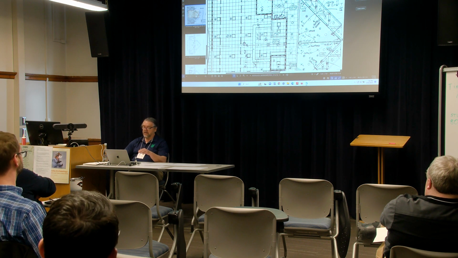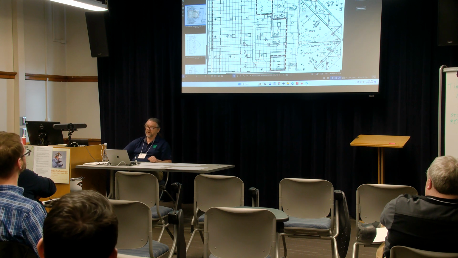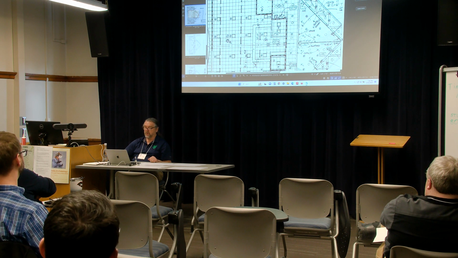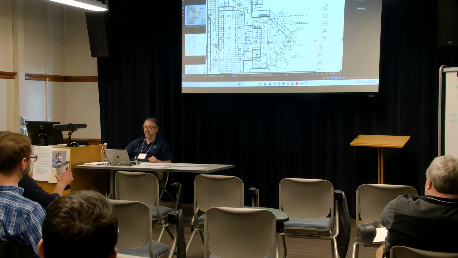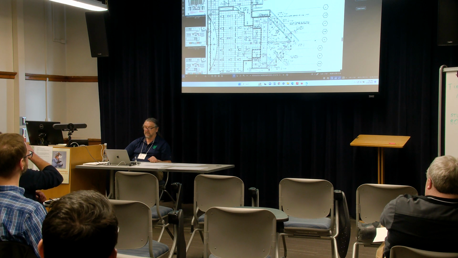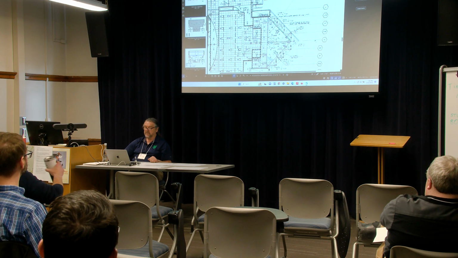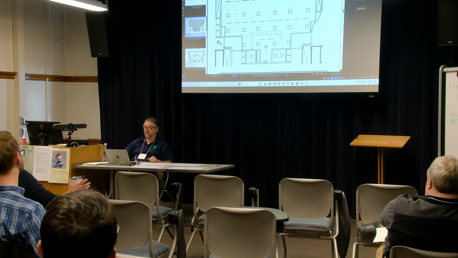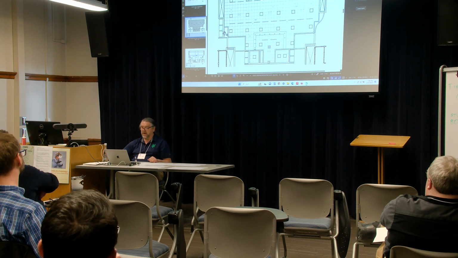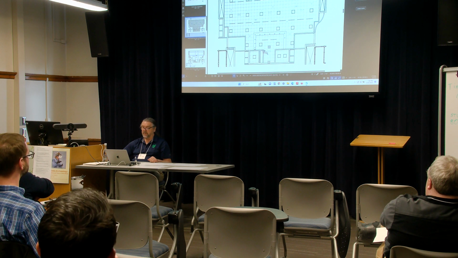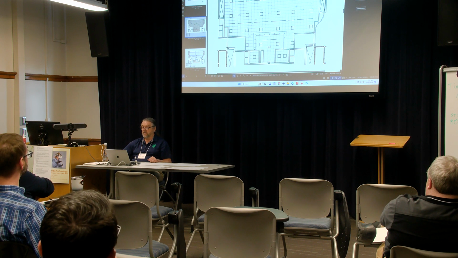So I used a combination of the outline from the floor plan and this in order to create the reflected ceiling plan. The way I did this was I started out with the perimeter and then literally just filled in all these lines.